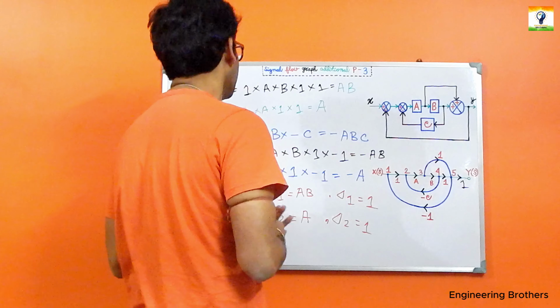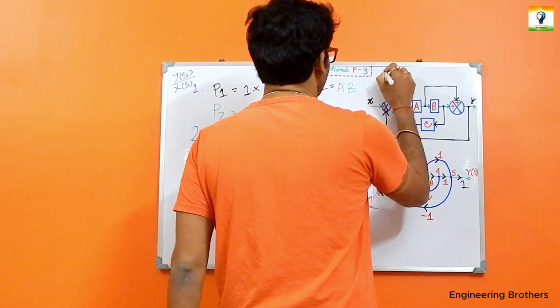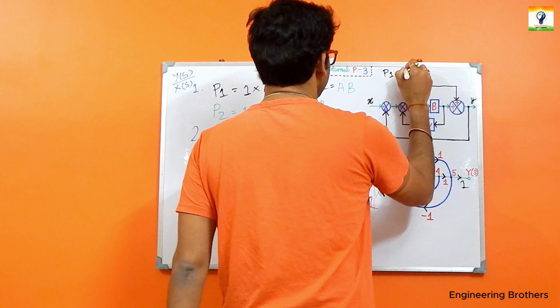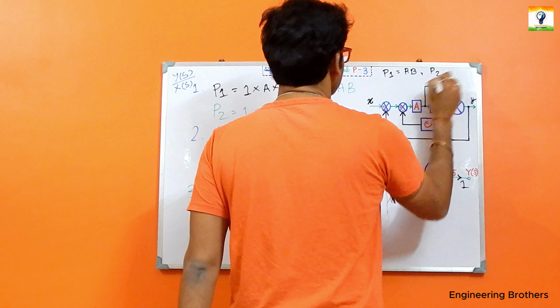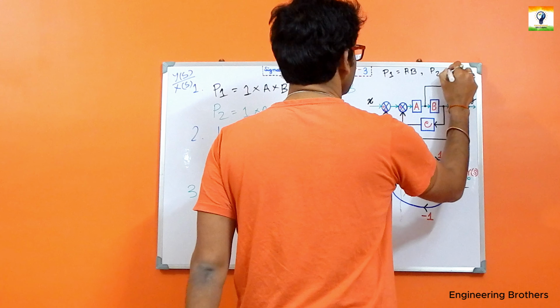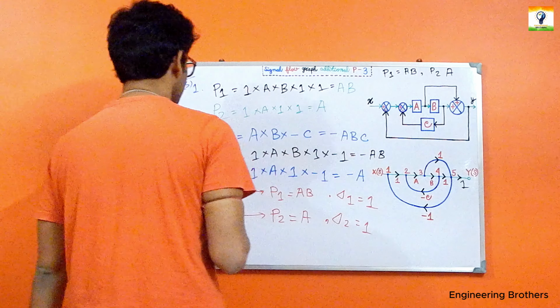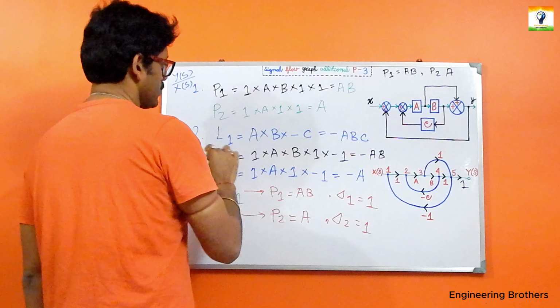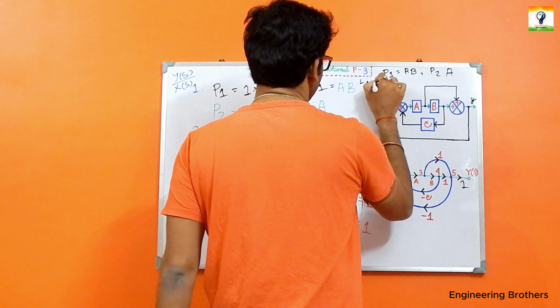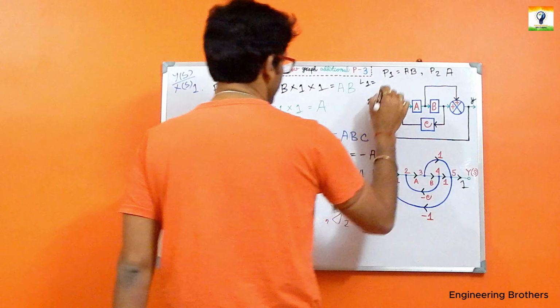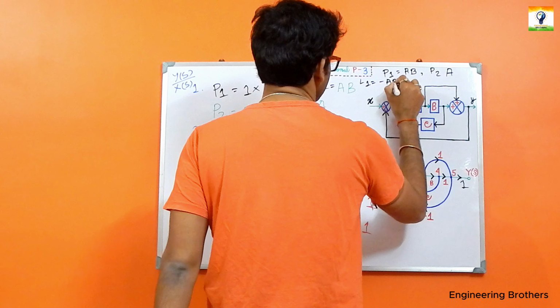Now let us enlist those values. For P1, the value is AB, and P2 is A. Let us go to the loops. The loop gain for L1 is minus ABC.